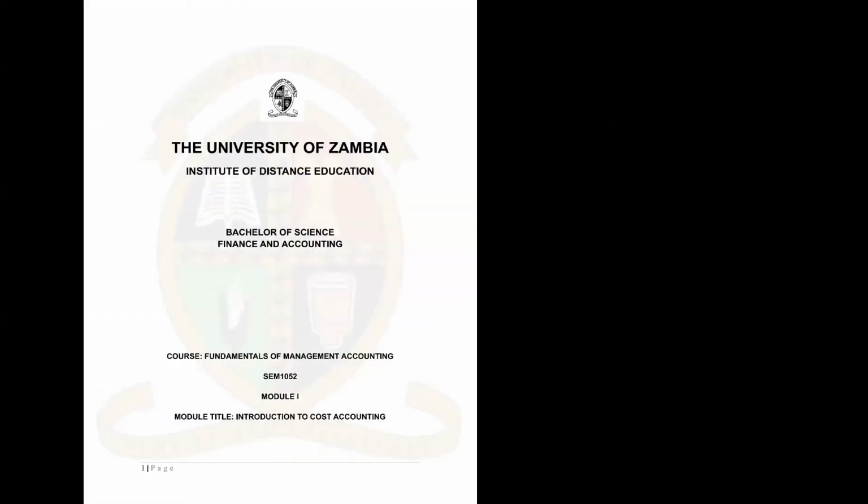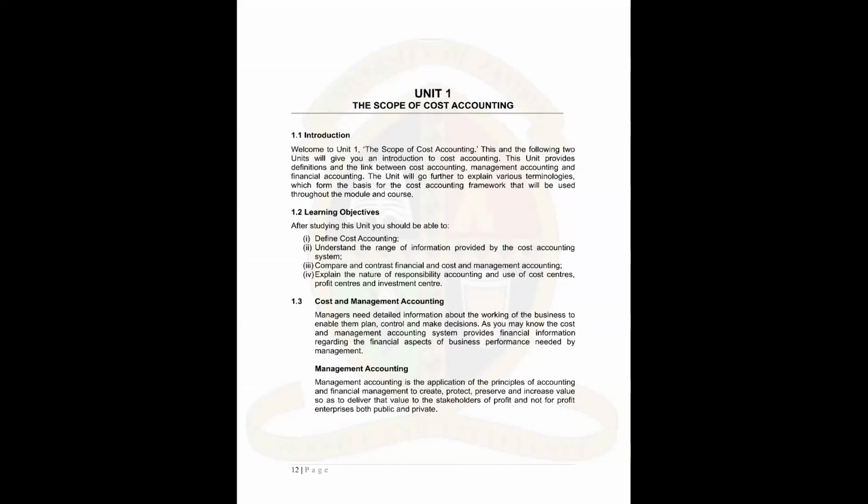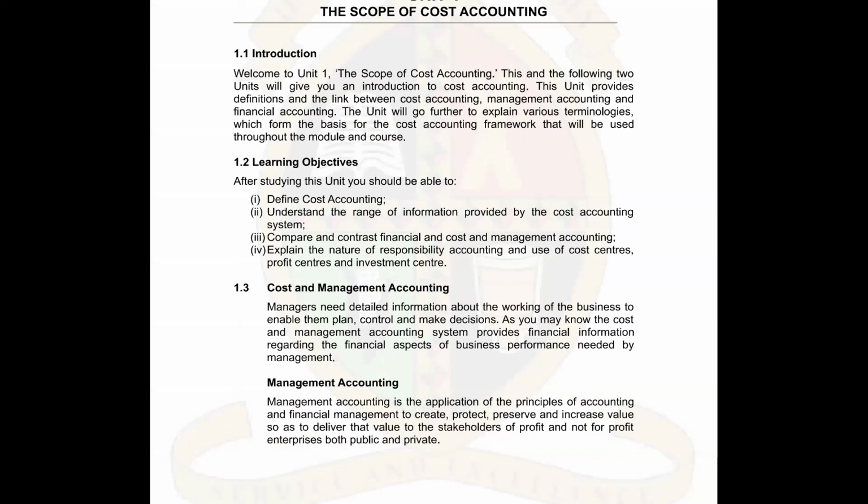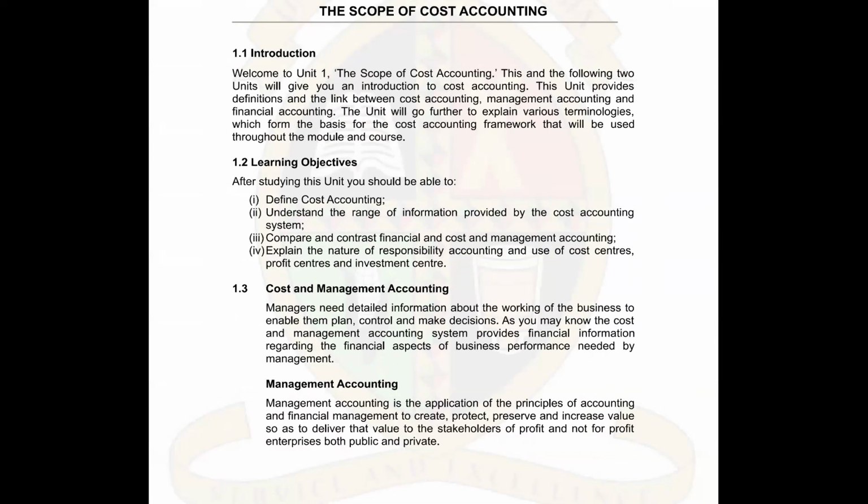As we zero in on cost accounting, we'll be using some specific terms, so you need to know how to use them. What we want to do is introduce you to the definitions of some key terms that we'll be using here and there in the course.